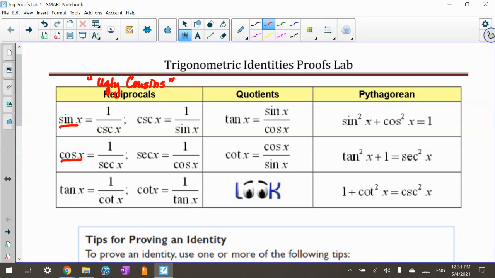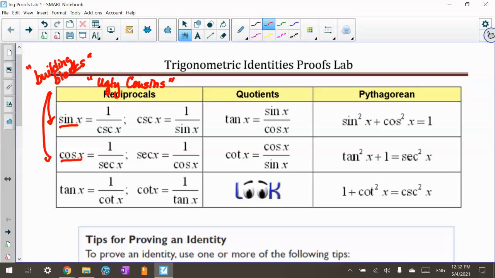Tangent and cotangent are sine over cosine or cosine over sine of x, cosecant is 1 over sine of x, and secant of x is 1 over cosine. So all the other four trig functions can be written in sine and cosine. That's just something I call them, because everything builds on those.